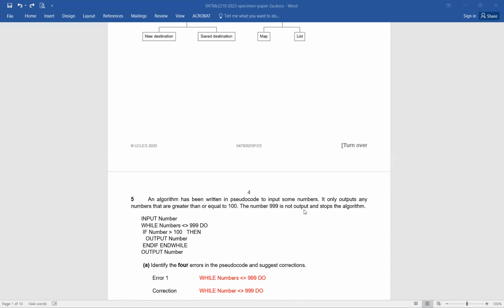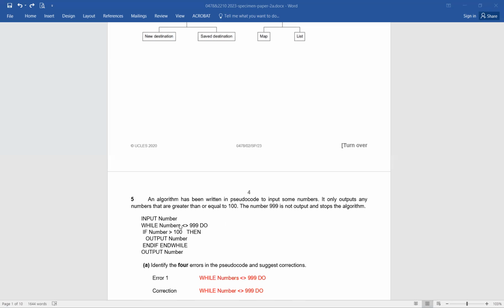It only outputs any number that is greater than or equal to 100. The number 999 is not output and stops the algorithm. Now this 999 is working as, if you remember a term that we have learned, a rogue value. It means that it will terminate my loop and stop the algorithm.